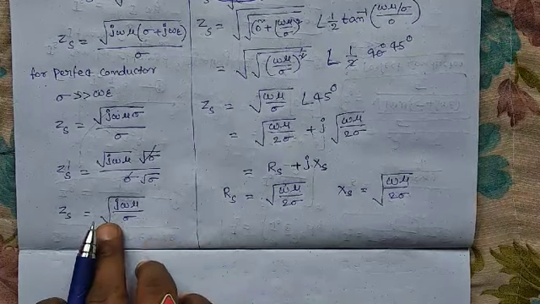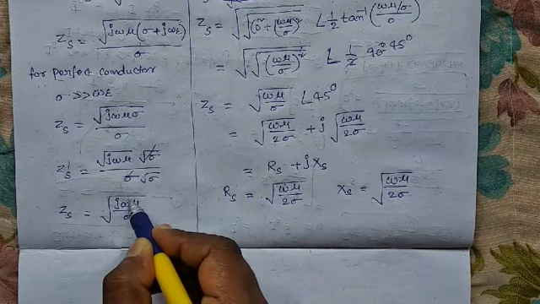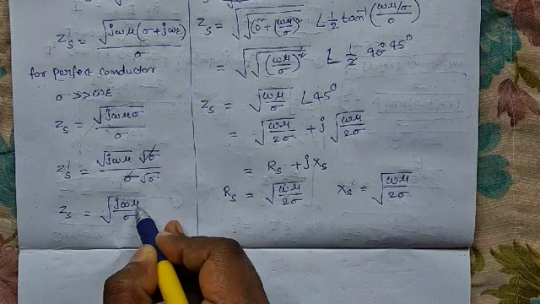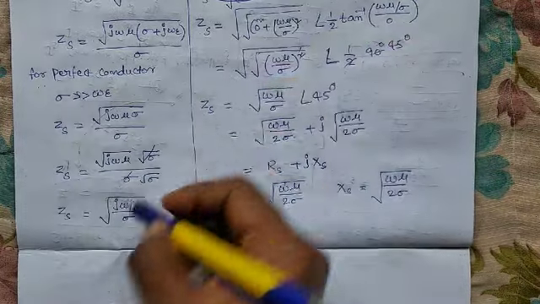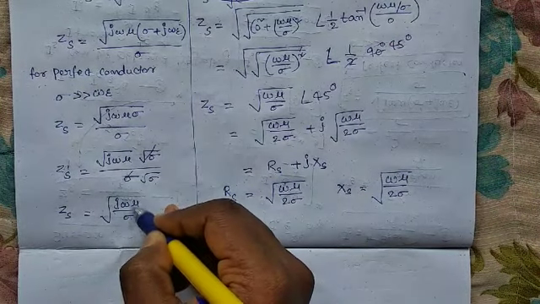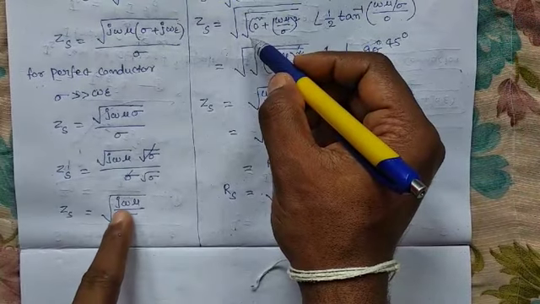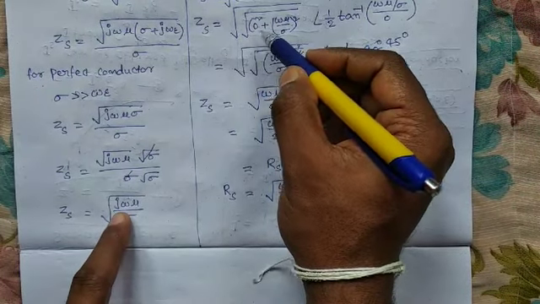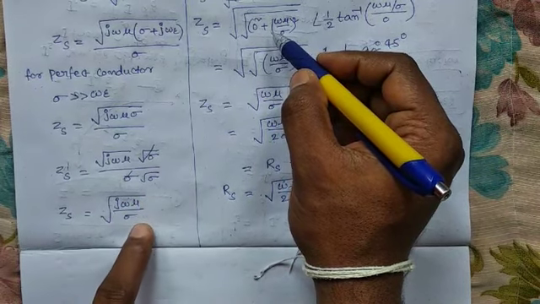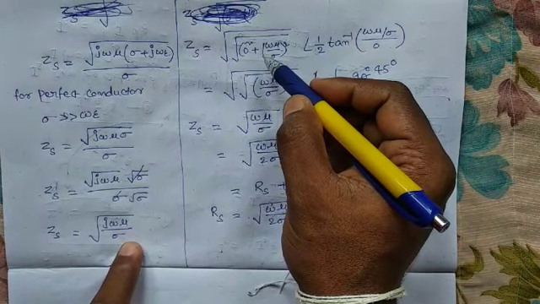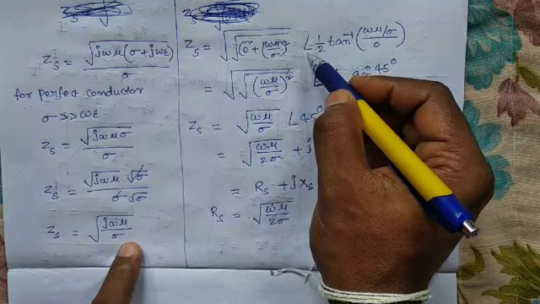First we determine the magnitude of the term inside the root, keeping the square root the same. The magnitude is the square root of real part squared plus imaginary part squared. The real part here is 0 squared, plus the imaginary part, omega mu by sigma, whole squared.